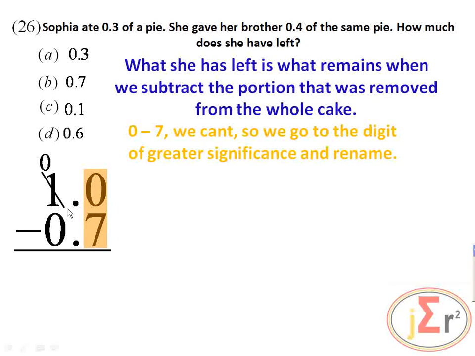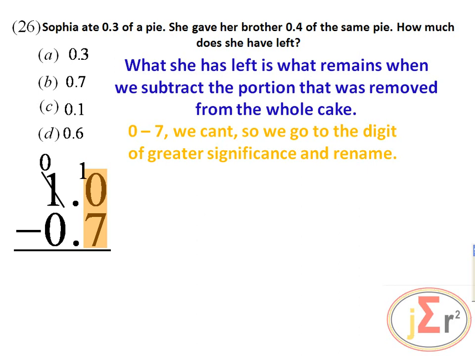And do not forget that the digit to the left is always 10 times the present digit. We are presently at the tenths digit, and we are getting assistance from the ones digit, which is immediately to the left.